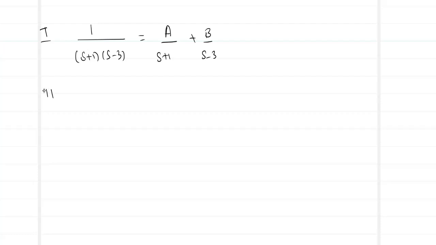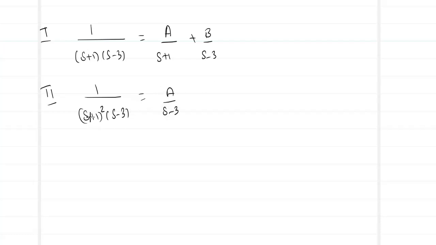Suppose the second type of fraction has repeated factors, like s plus 1 the whole square into s minus 3. So the total power of s is going to be 3, so we require 3 fractions to solve this. In which case the unique quantity can be separated as a by s minus 3.